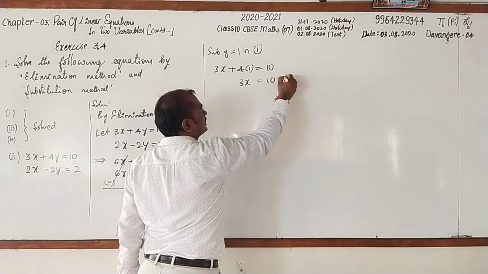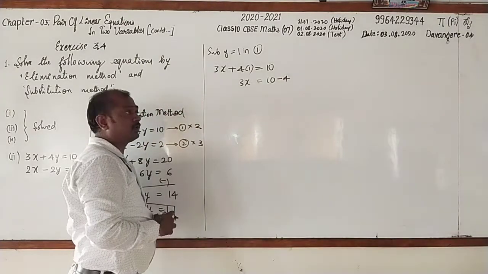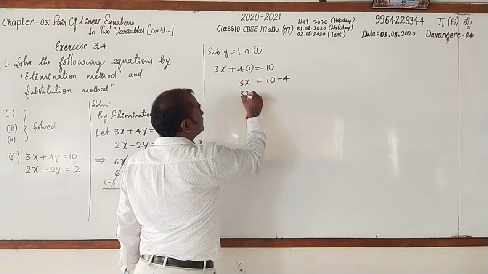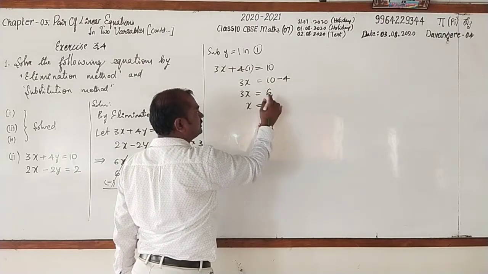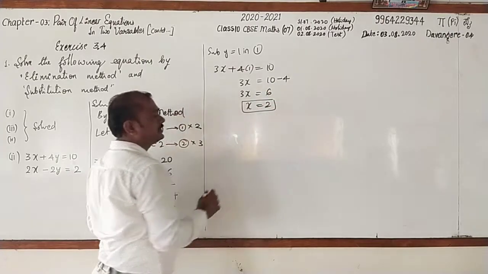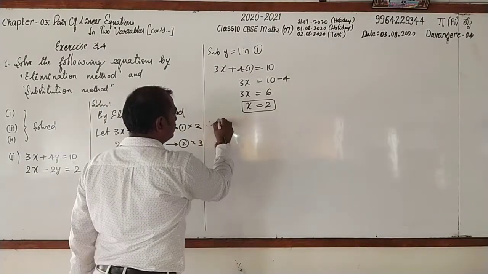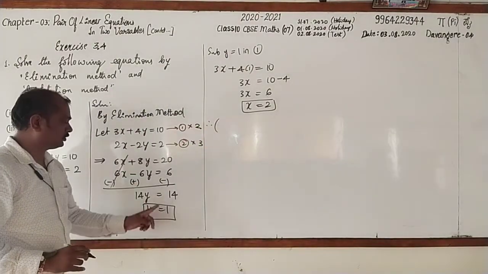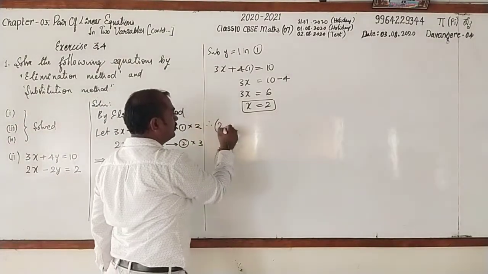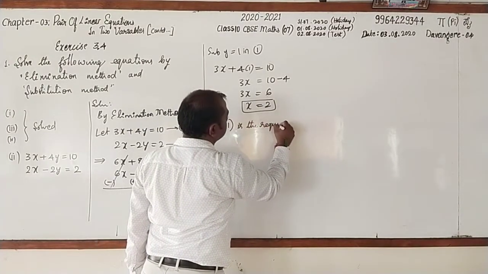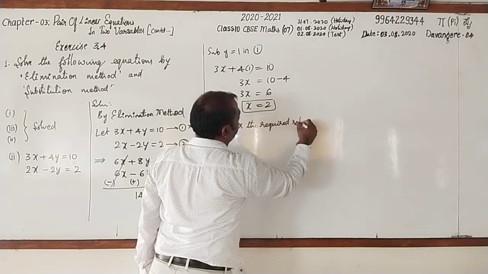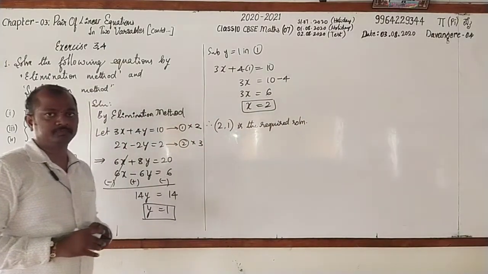Transfer this to the right hand side. It becomes minus 4. Next, 3x is equal to 10 minus 4. It is 6. x equal to 6 by 3. How much will it be? It is 2. Therefore, the solution is x equal to 2 and y equal to 1. So 2 comma 1 is the required solution. Hope that you have understood.